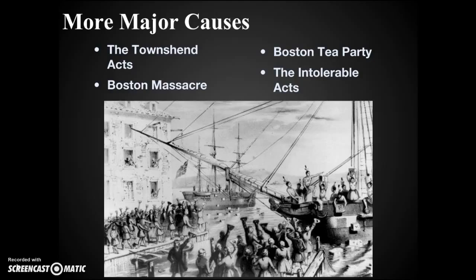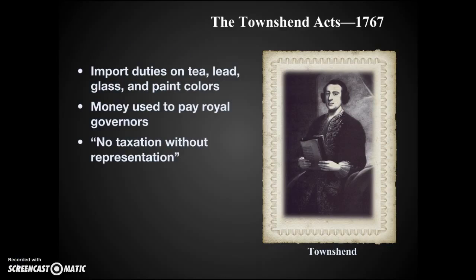The Townshend Acts eventually led to the Boston Massacre and Boston Tea Party, but the Intolerable Acts, as the colonists nicknamed them, prompted the large-scale revolt by outraged colonists against Great Britain's King George III. The Townshend Acts, or duties, were the last straw.